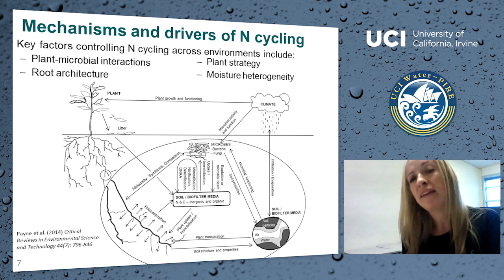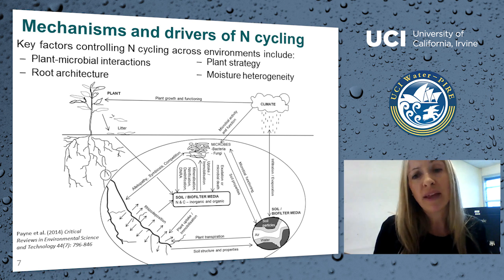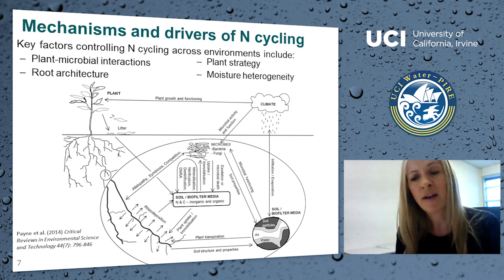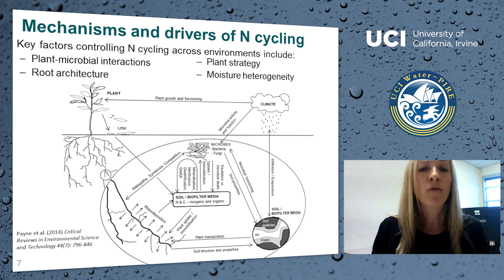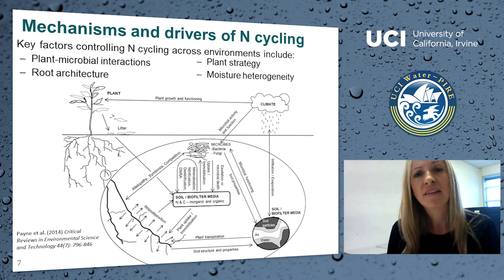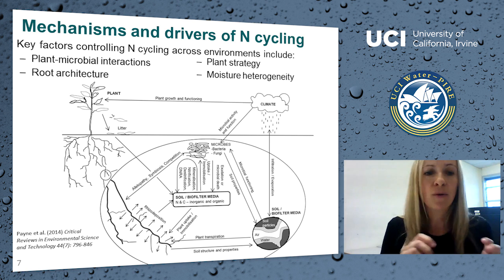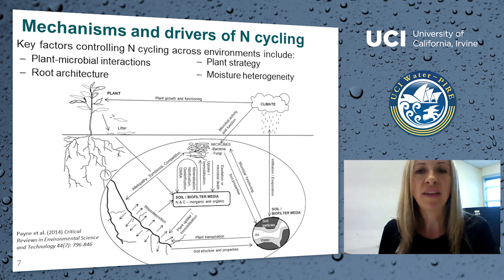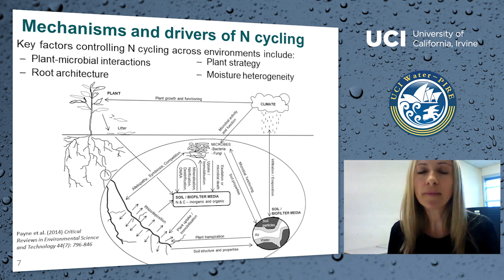Whereas other plant species might go for a rapid growth strategy, but that comes along with tissues that can be relatively short-lived and more readily broken down. And so studies have related these different strategies to fast or slow nitrogen cycling within systems, and different strategies will benefit different plant species depending on the environment.